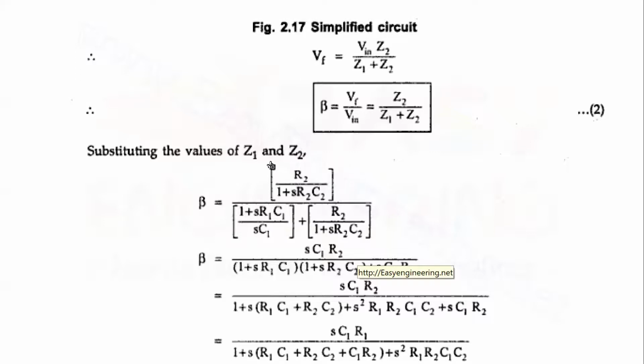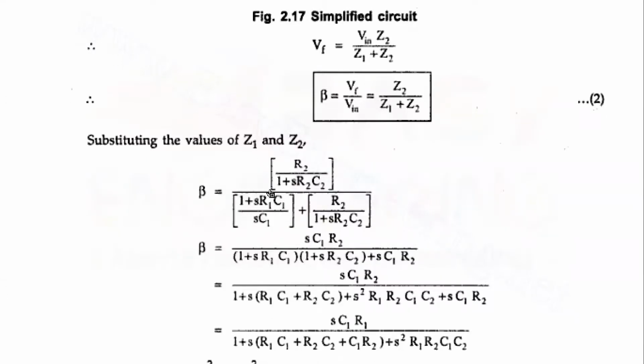So multiply both numerator and denominator with SC1 into 1 plus S R2 C2. If you multiply the numerator term with this, 1 plus S R2 C2 will cancel and SC1 will remain, so R2 into SC1 will remain.